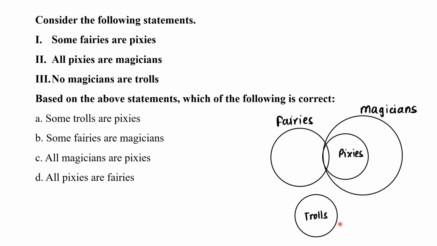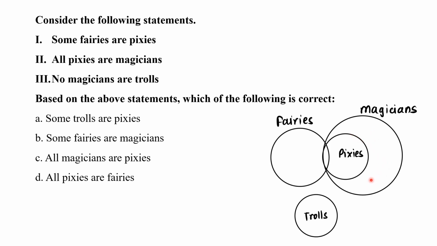From the given data, we cannot infer if the troll population intersects with another set. So option A is incorrect. From the figure, all magicians may not be pixies, and all pixies are not fairies. So all magicians cannot be pixies. So these are the magicians that are not pixies.